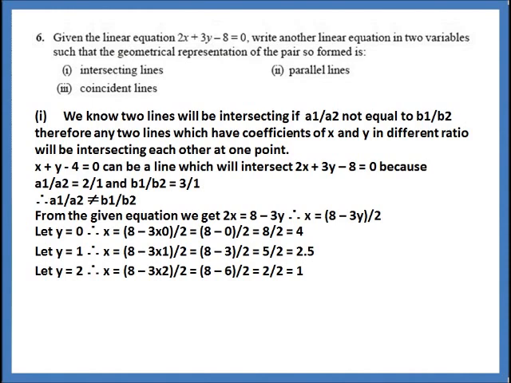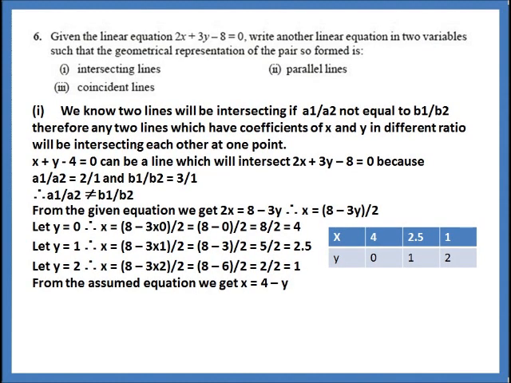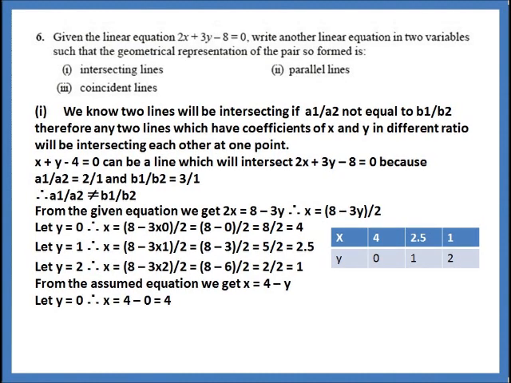So arranging all the three sets of values in a tabular form, we find x is equal to 4 for y is equal to 0, x is equal to 2.5 for y is equal to 1 and x is equal to 1 for y is equal to 2. From the assumed equation, we get x is equal to 4 minus y.